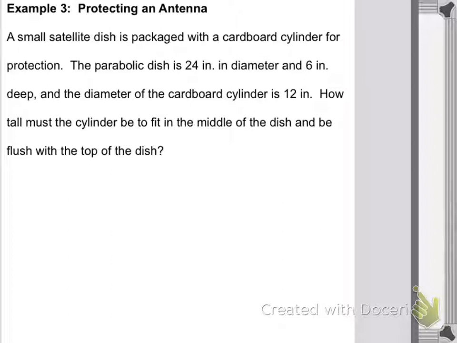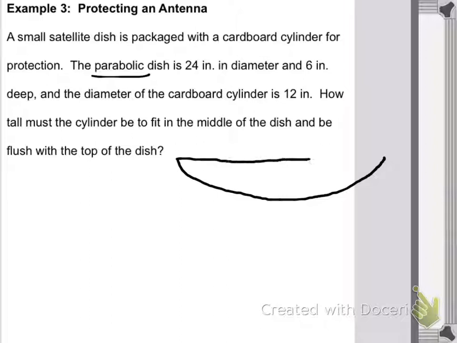So what we're doing essentially is we have this satellite dish, and you guys have seen satellite dishes before. It takes the form of a parabola. Well, first of all, it says it's parabolic. Now it says the diameter is 24 for the dish.